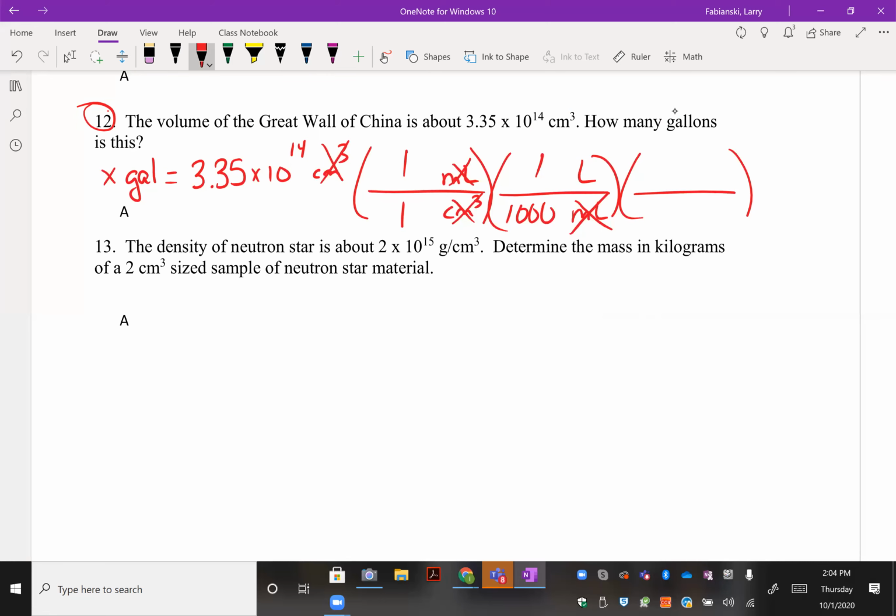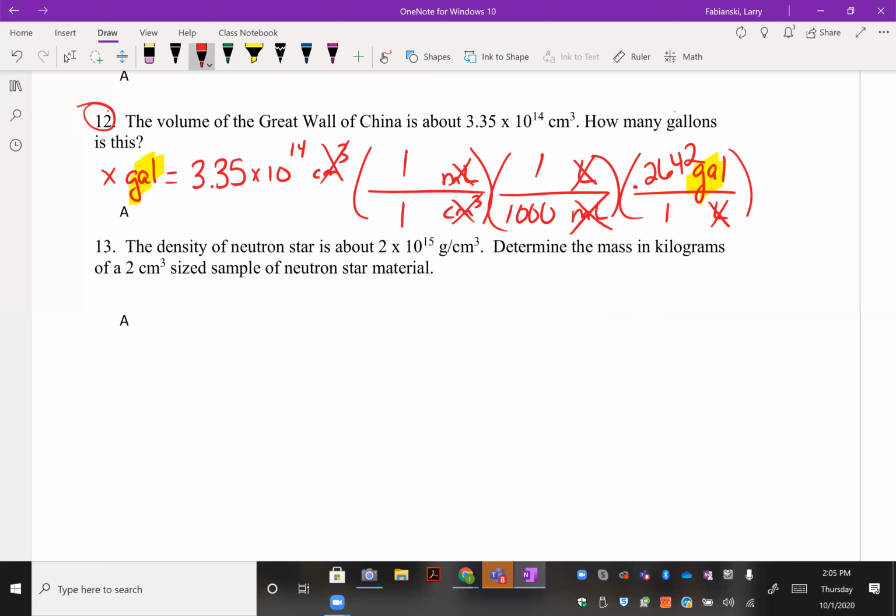Almost there, guys. Liters on top cancels with liters on the bottom. And we know by looking at the equality sheet, we can go from liters to gallons. And for every 1 liter, we have 0.2642 gallons. We wanted to end in gallon. We ended in gallon. To complete this problem, everything on the top is multiplied.